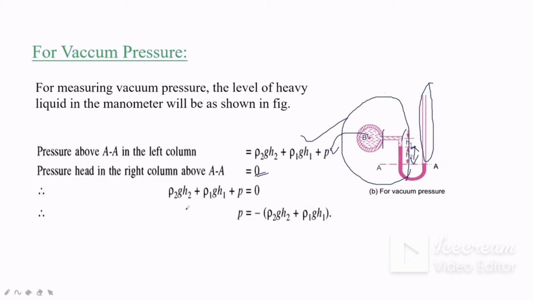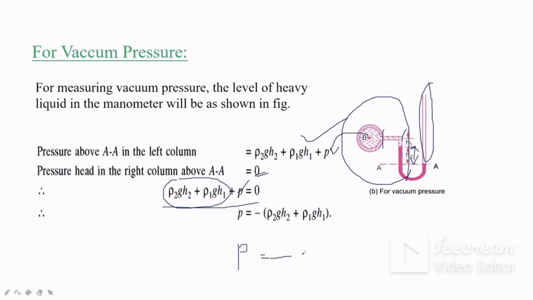So one side becomes 0. So what we want is pressure. So pressure is equal to minus, so these are both in positive value, right? So P is equal to minus ro 2 GH2 plus ro 1 GH1. We can also write P is equal to minus ro 2 GH2 minus ro 1 G1H1.